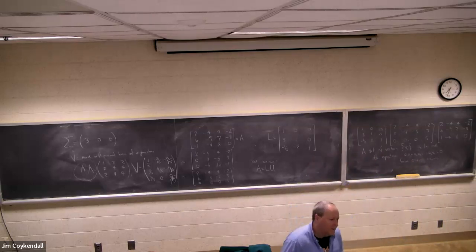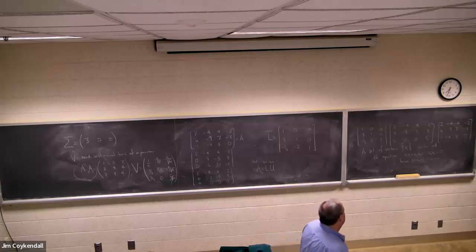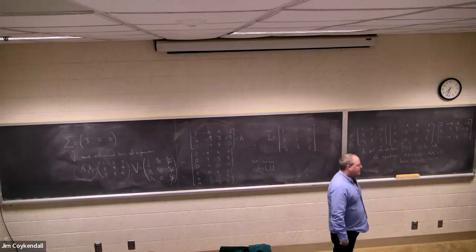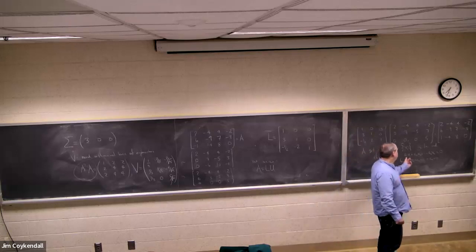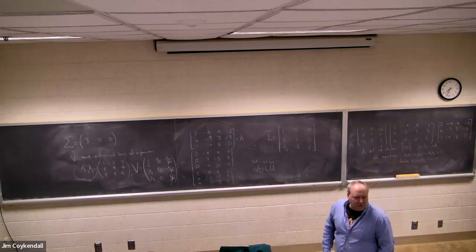That each one is critical in creating the basis. Okay, that's right. So there's lots of ways to do it. Linearly independent means not linearly dependent, and to be linearly dependent means one of these vectors in here is a linear combination of the others. So there's lots of ways to think about it.